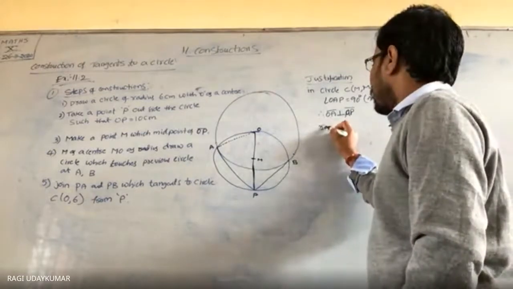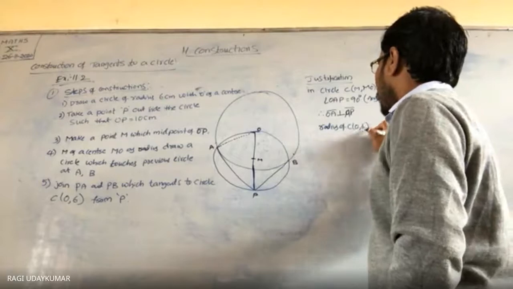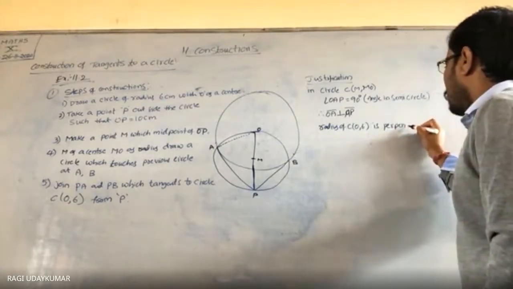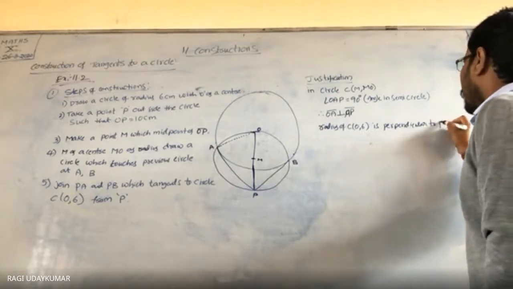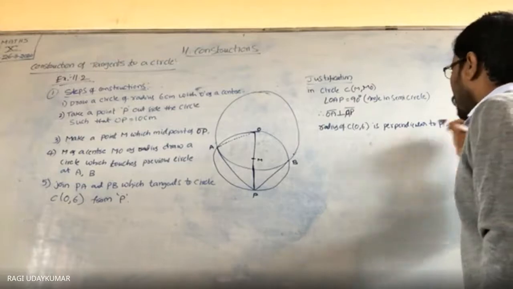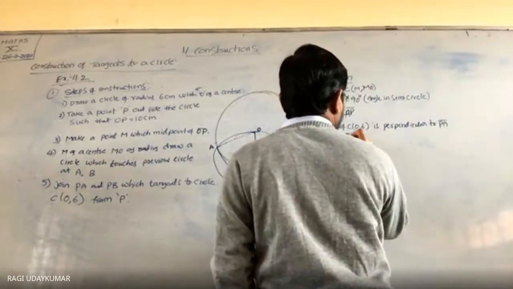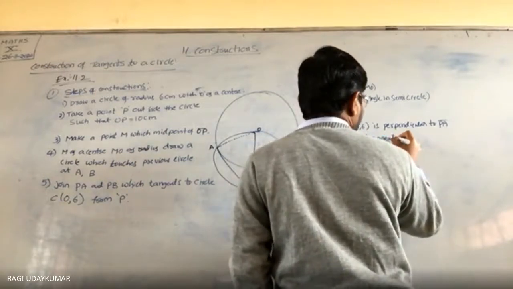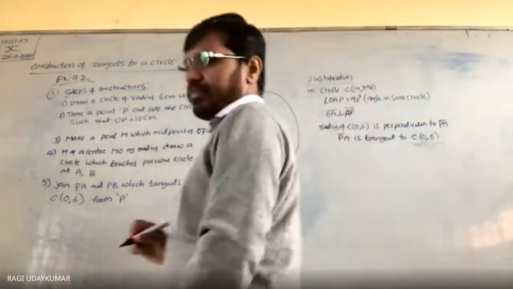Therefore, the radius of the circle with center O is perpendicular to PA. Therefore, PA is tangent to the circle with center O and radius 6.